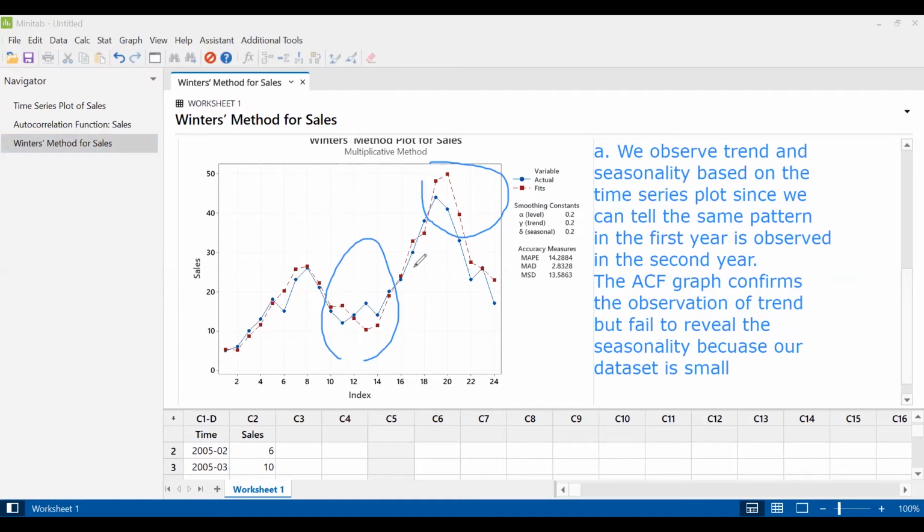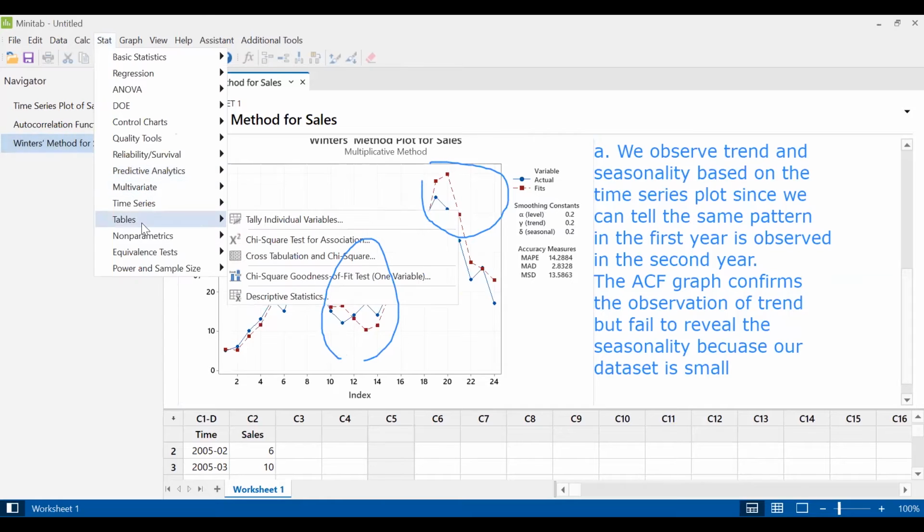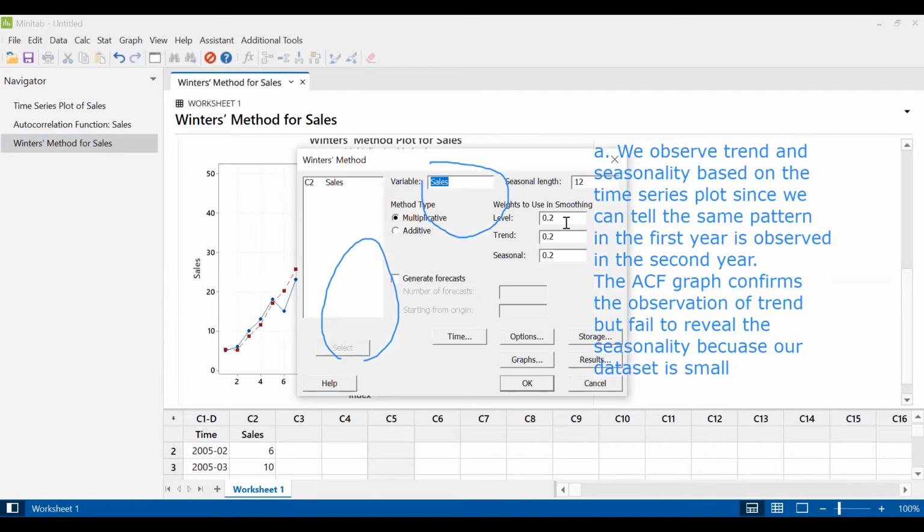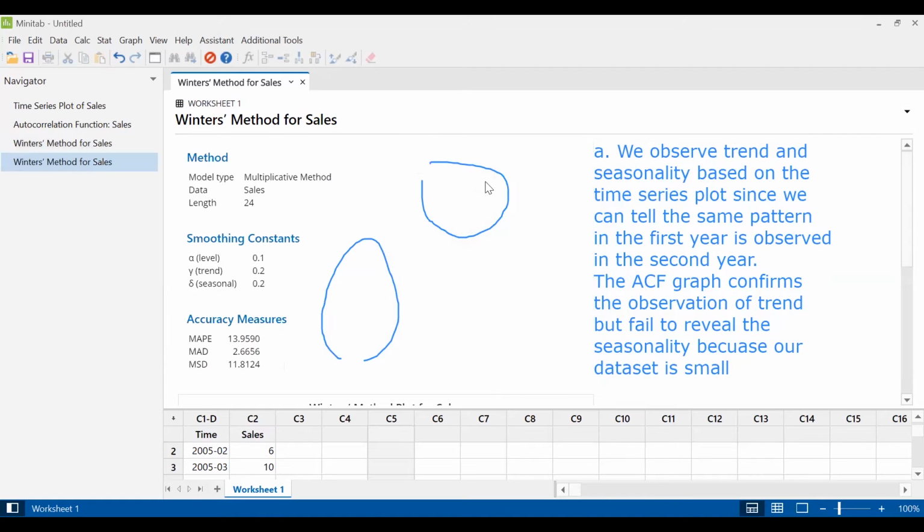So let's move alpha, gamma, delta around to see what happens. Let's go back to Stat, Time Series and Winters method. I am going to change level to 0.1 just to see the direction of the model. So click OK, and let's see what happens.